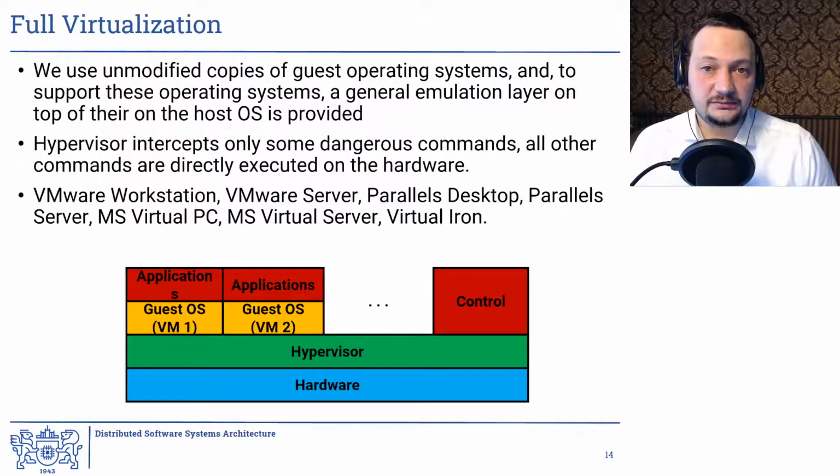So the speed of full virtualization is much higher than emulation, because most commands that are considered not dangerous, for example adding 1 plus 2, are directly executed on the hardware without the need for emulation.